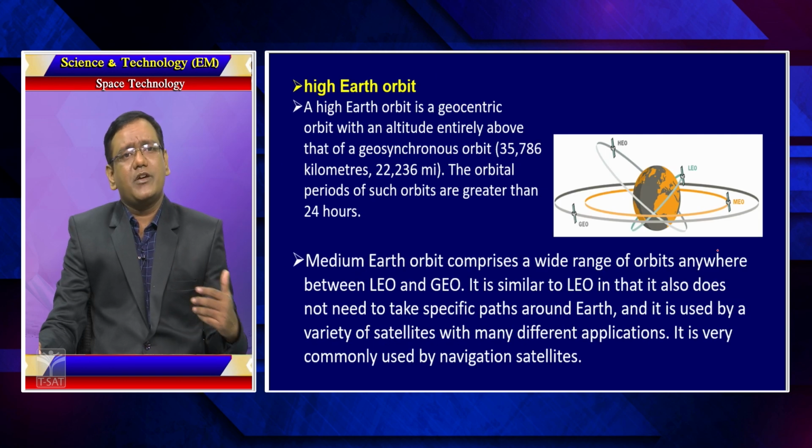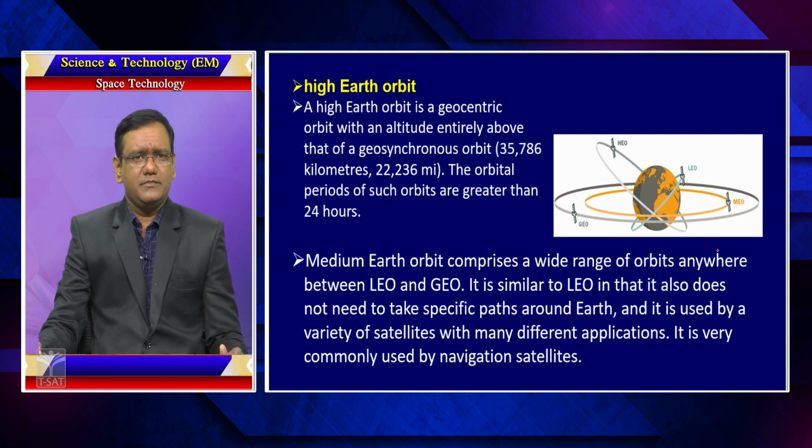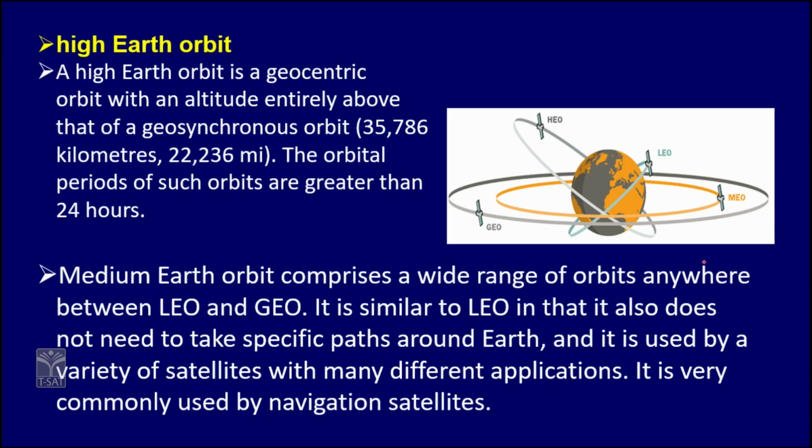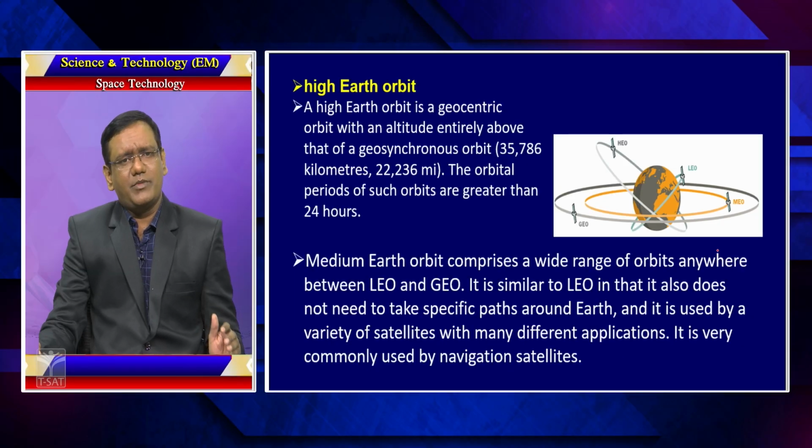So now let us talk about high Earth orbit. A high Earth orbit is a geocentric orbit with an altitude entirely above that of a geosynchronous orbit, that is 35,786 kilometers. So any satellite above this 35,786 is called high Earth orbit.